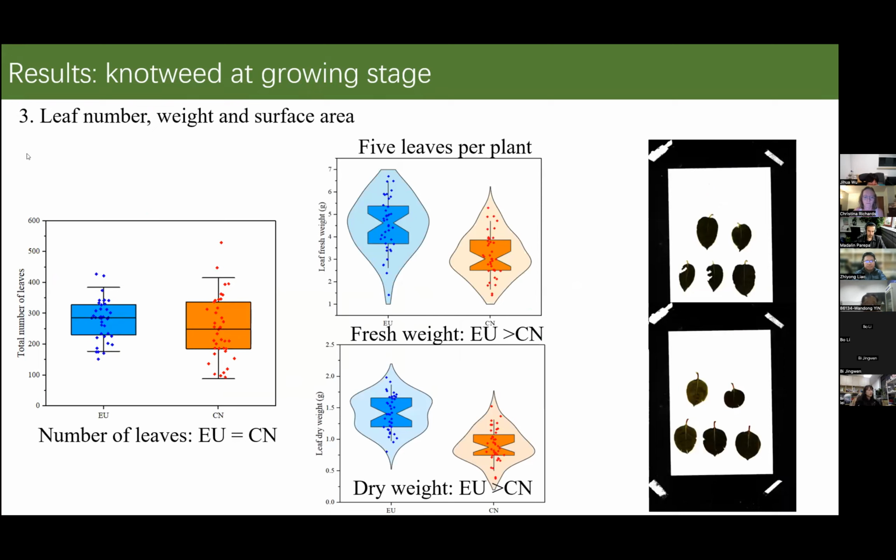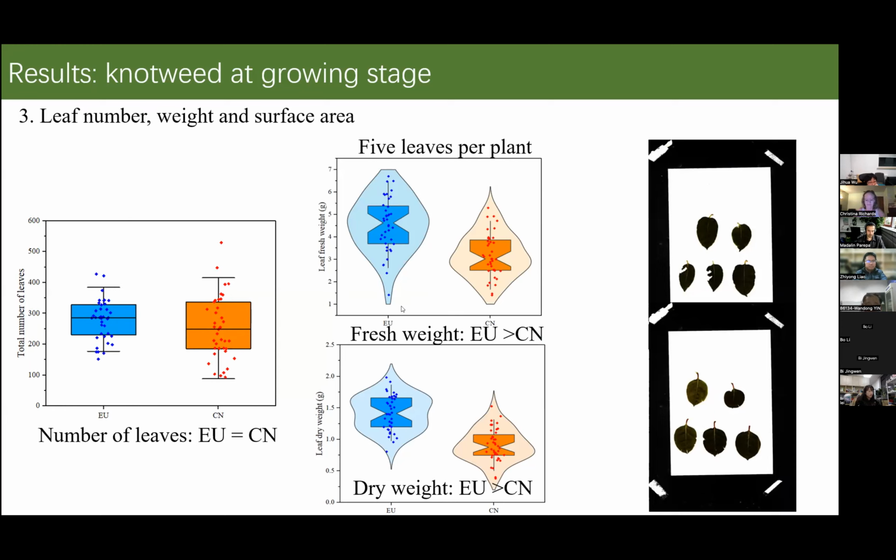We look at the leaf number. We counted all the leaves in each plant and found no significant difference between the Chinese and the European population.